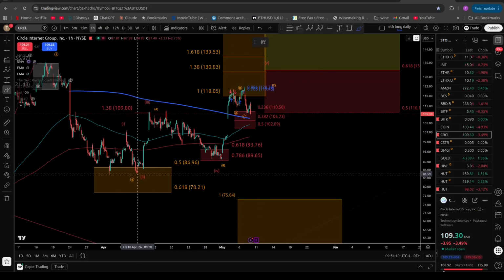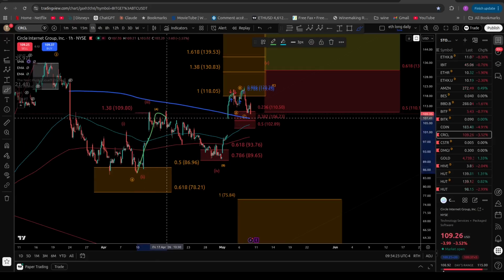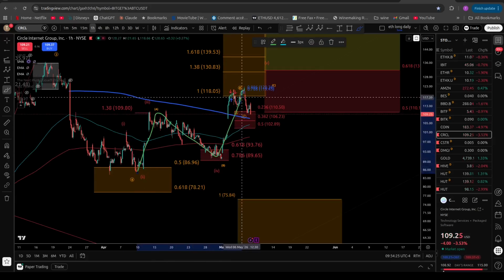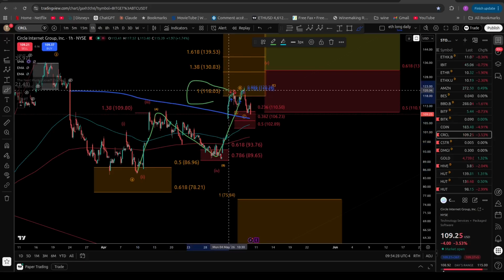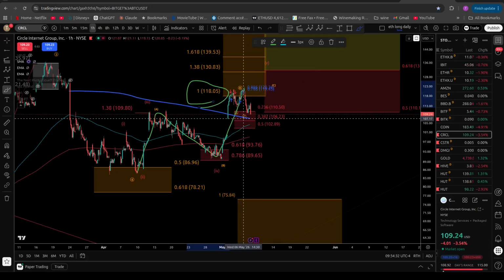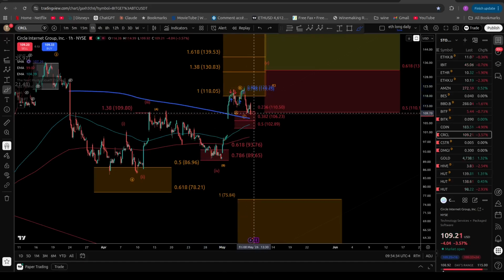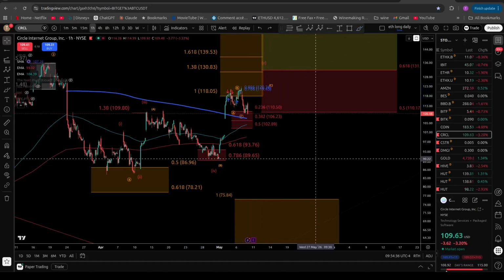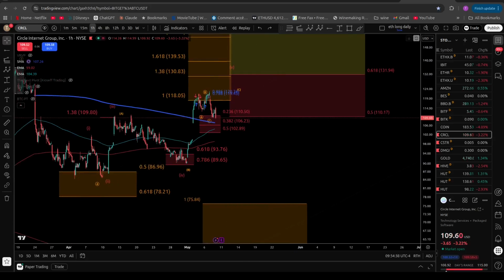So from the bottom here, I also had discount in orange, an A, a B, and a C. And you can see that the target was the 1-to-1 ratio, 118.05. We did reach that, and now it looks like price is getting rejected. So I'm going to do as well a scenario where this is the A looking for the B now, level support.